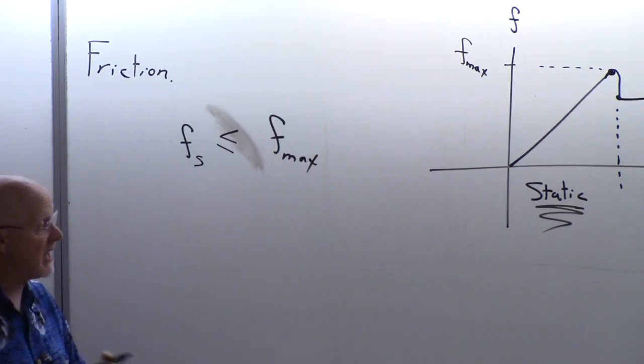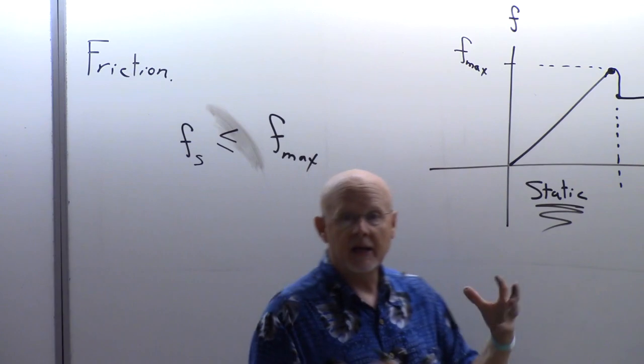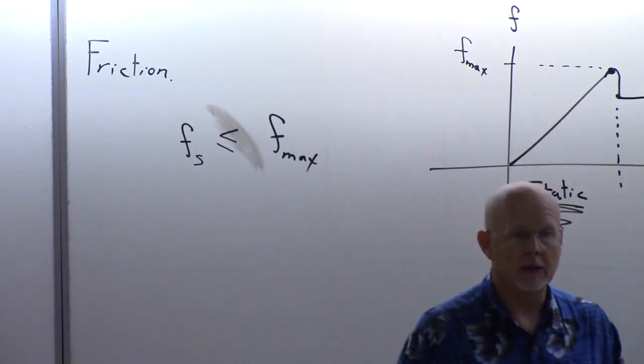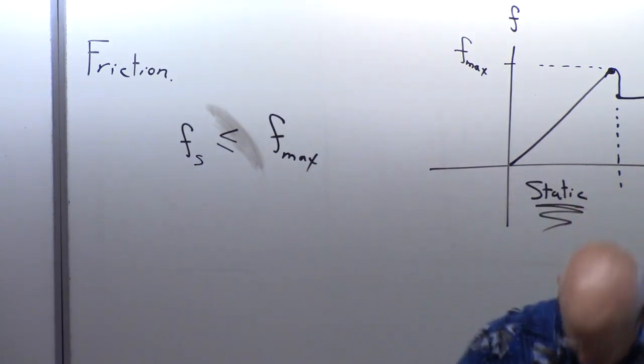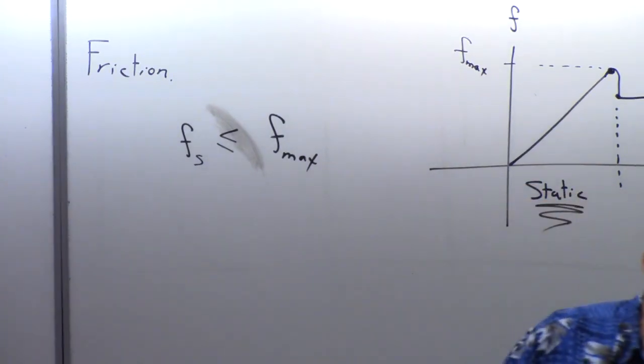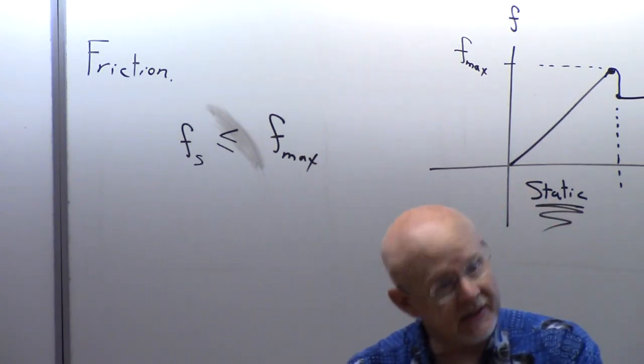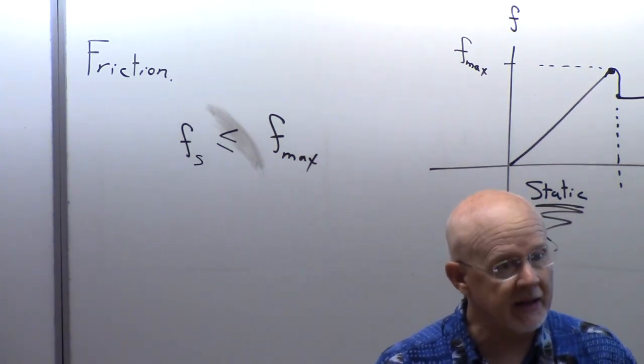And so the static friction then is an inequality. It's an inequality, and then says up to some maximum.